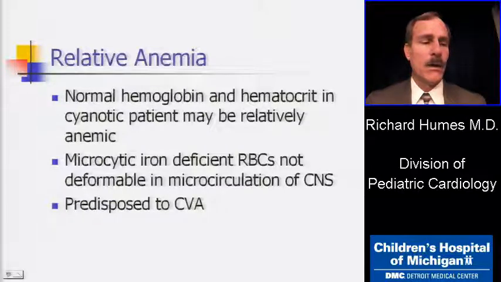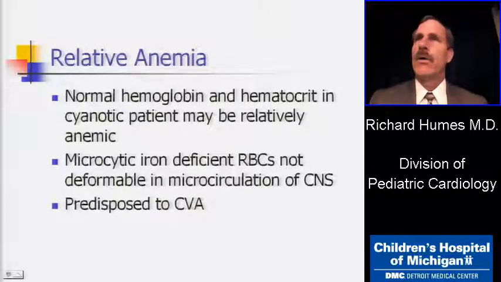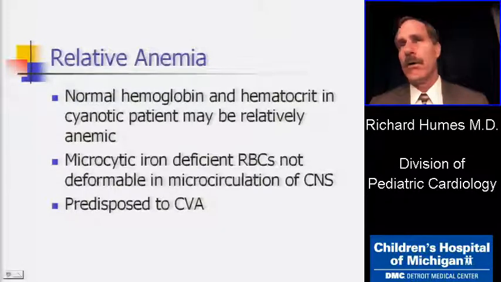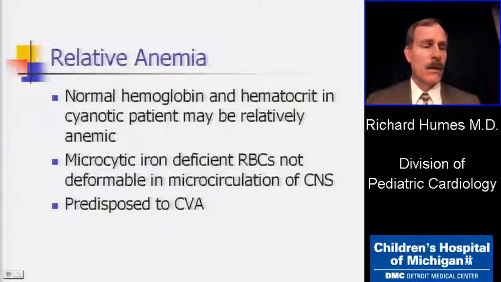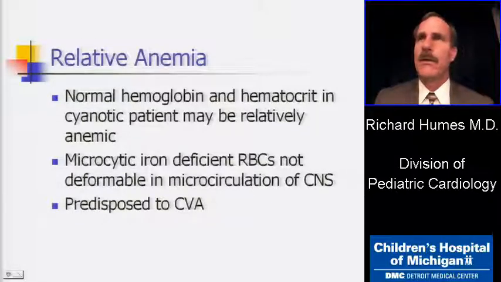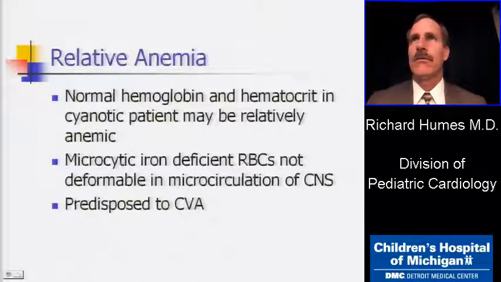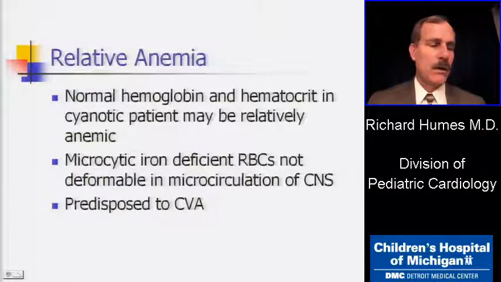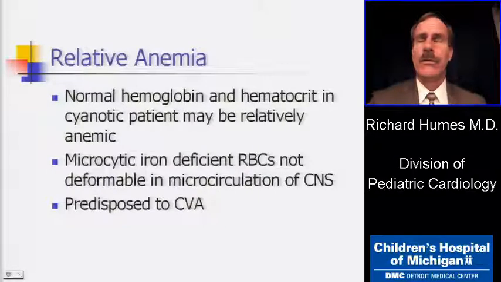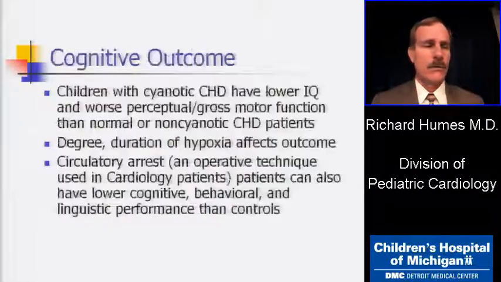So one does not want to see a patient with a low resting saturation have a normal hemoglobin because their oxygen carrying capacity is reduced as a result of that. So you want to make sure that they do not have any type of iron deficiency anemia, and somewhat paradoxically sounding, patients with long-standing polycythemia should probably receive iron therapy to prevent any kind of microcytic anemia. They also, as I mentioned, are predisposed to cerebrovascular accidents.